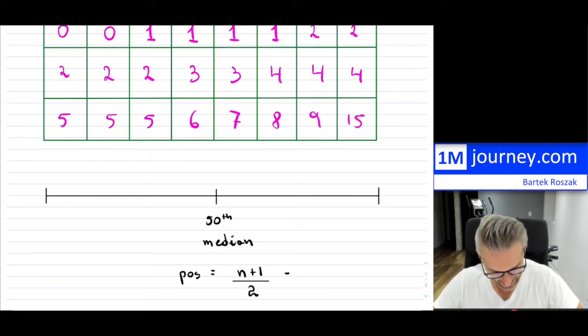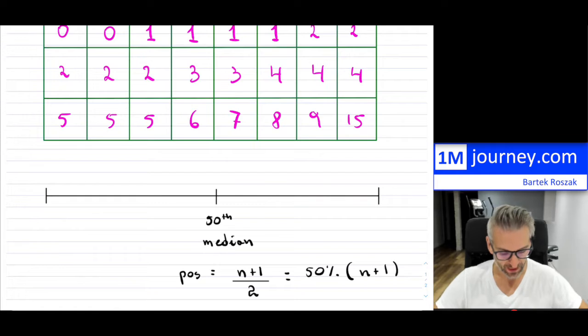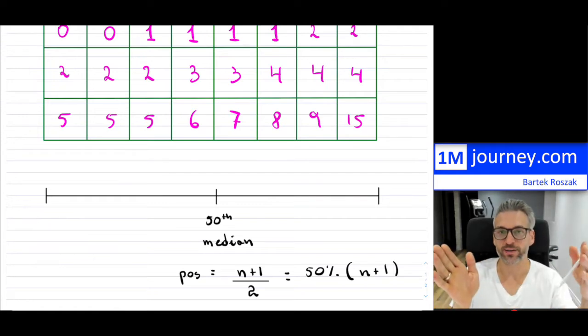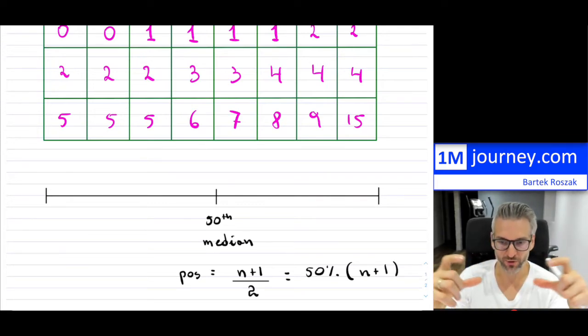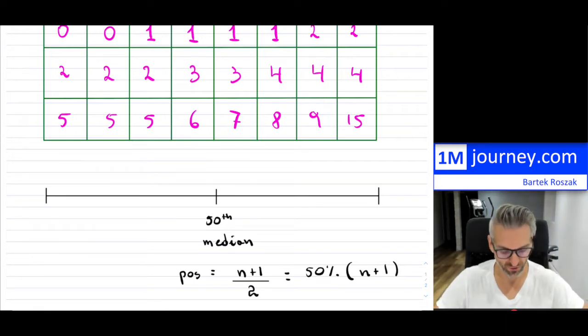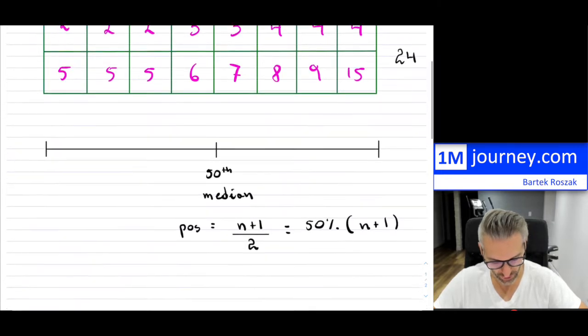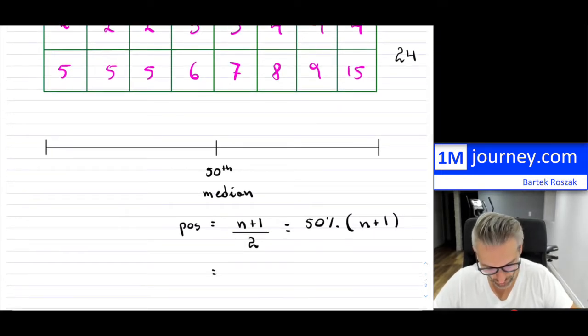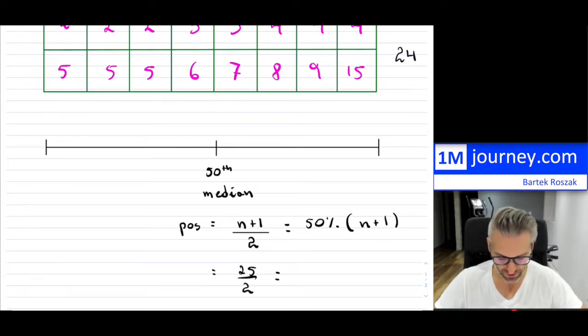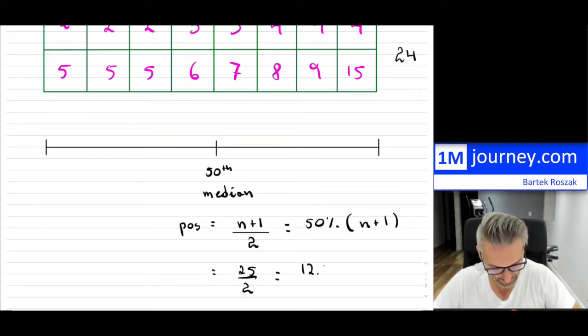Now, this is the same thing as saying that you are taking 50%, because dividing by 2 is like taking 50%, and then multiplying it by n plus 1. So now we're adding the 1 just so that we can find out where our position is. For instance here, because we have 24 data points, 24 plus 1 is 25, divided by 2, or 50% of 25, is going to be 12.5.